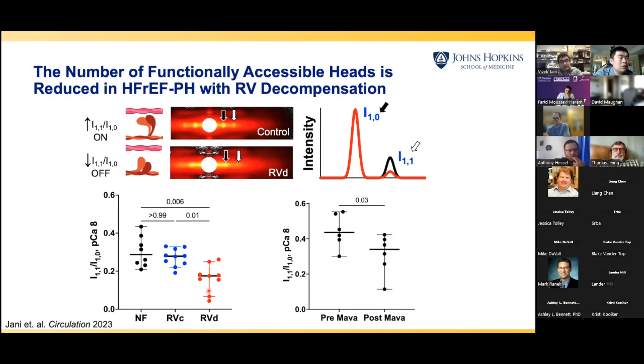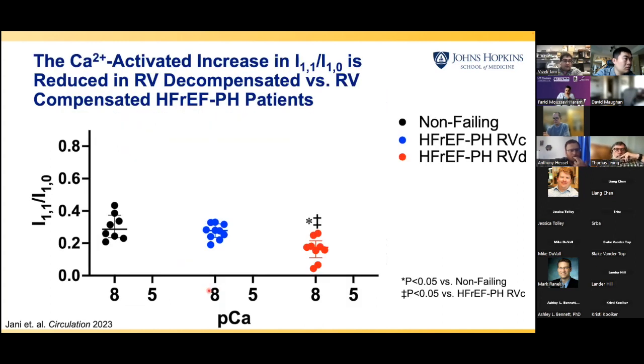The next thing we decided to explore was calcium activation, and specifically calcium activation of the I1,1/I1,0. So shown in this plot right here, the same three scatter plots from the previous slide for the black non-failing controls, for the RV compensated patients and the RV decompensated patients, which were again significantly lower than the compensated patients and the non-failing controls.